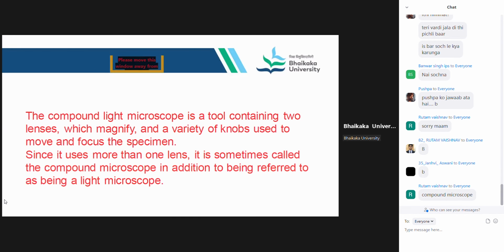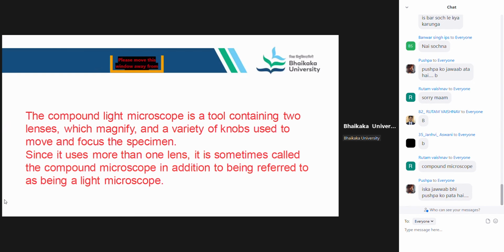Since it uses more than one lens, it is sometimes called the compound microscope, in addition to being referred to as a light microscope. And in your practical classes, you will be using this light microscope.